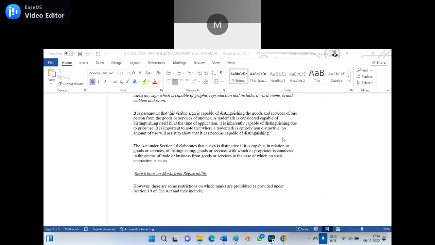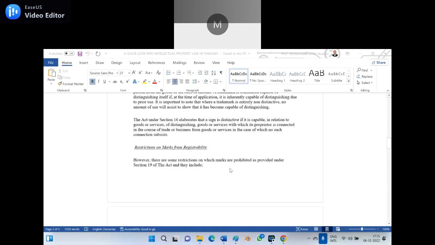So the Act under Section 16 elaborates that a sign is distinctive if it is capable, in relation to the goods or services, of distinguishing goods or services with which its proprietor is connected in the course of trade or business from goods or services in the case of which no such connection subsists. Either way, as far as the goods or services are concerned, it will make the distinction because of this name, trade name, emblem and logo.